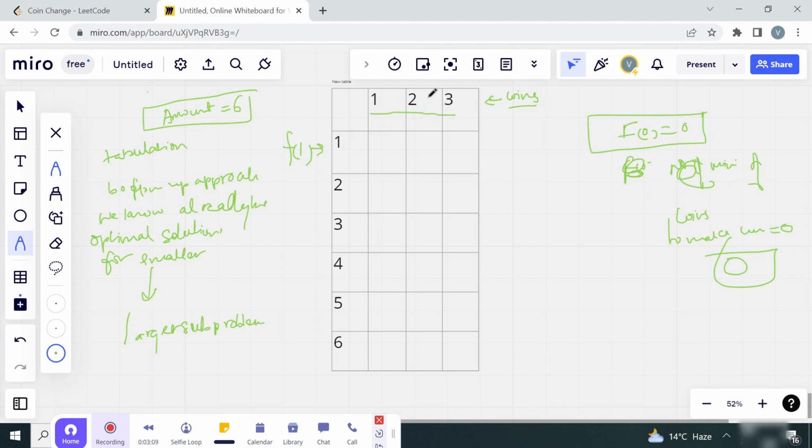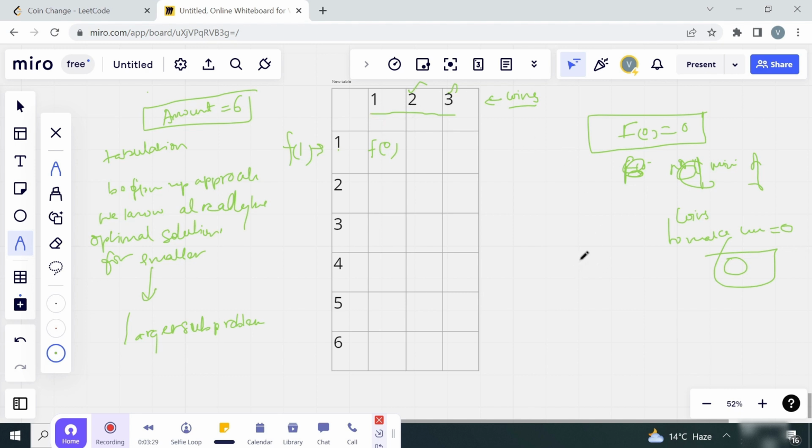But if you can see 2 and 3 coins are greater than the sum, so we'll skip that. So if I subtract 1 minus 1, it will be 0. So f of 1 is nothing but f of 0. So we have to take minimum of all these 3, right?